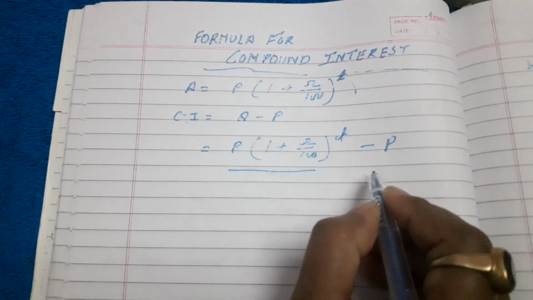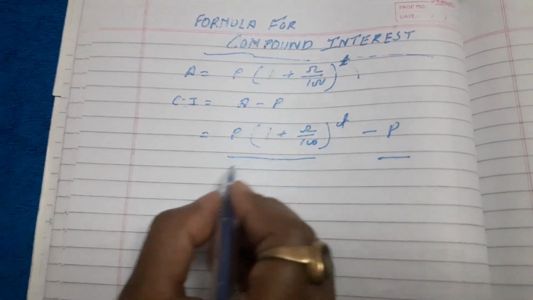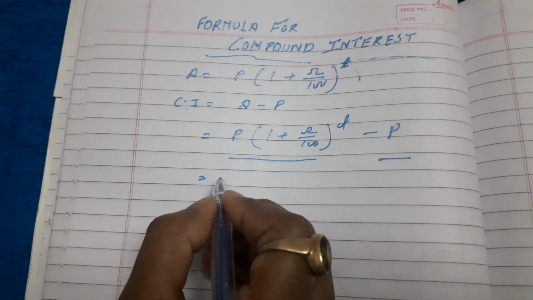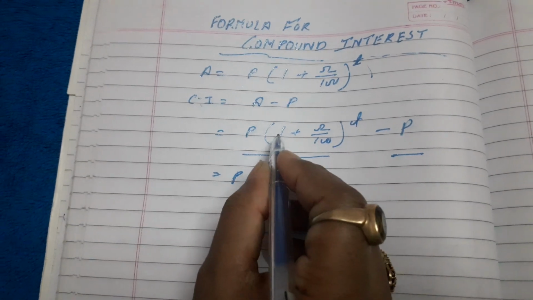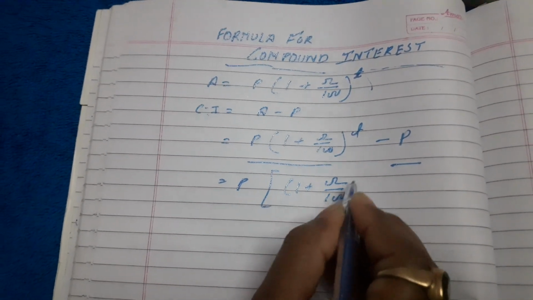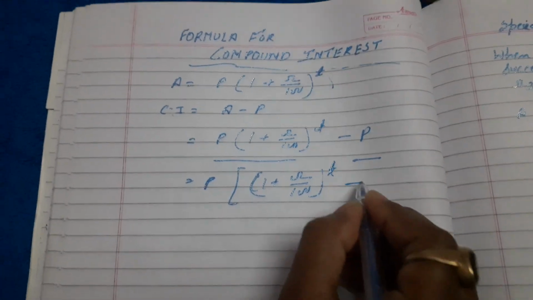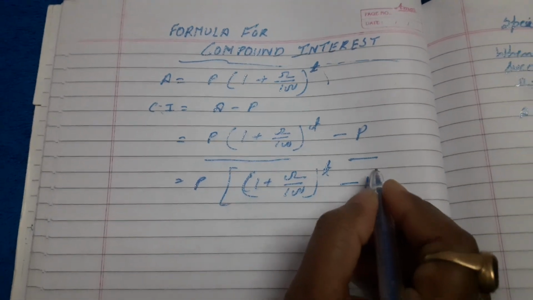Now you see, from these two terms, before the minus sign and after the minus sign, if I take P common out of the bracket, what is left here? 1 plus r by 100 to the power t, minus what is left here, minus 1.